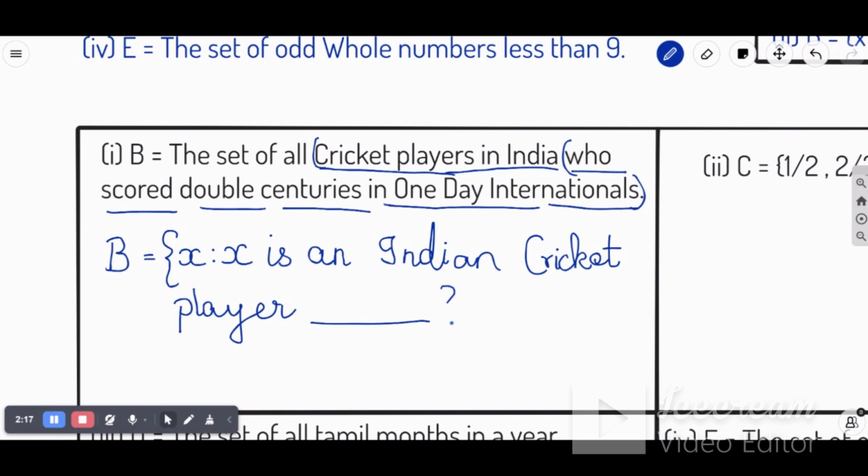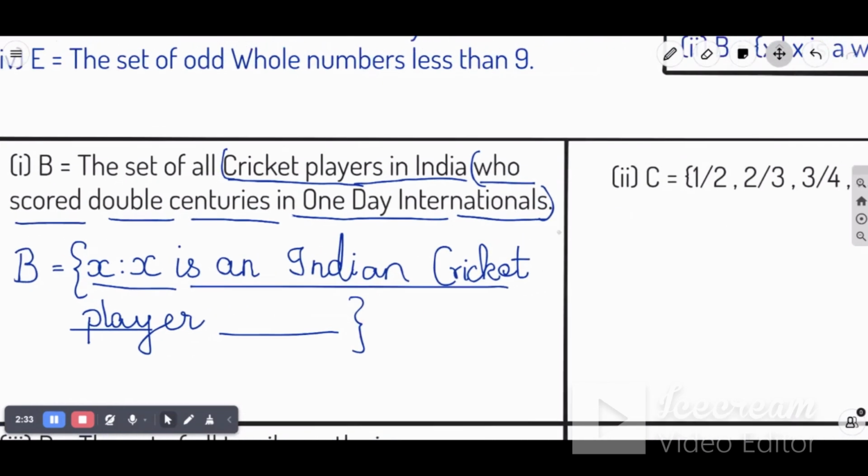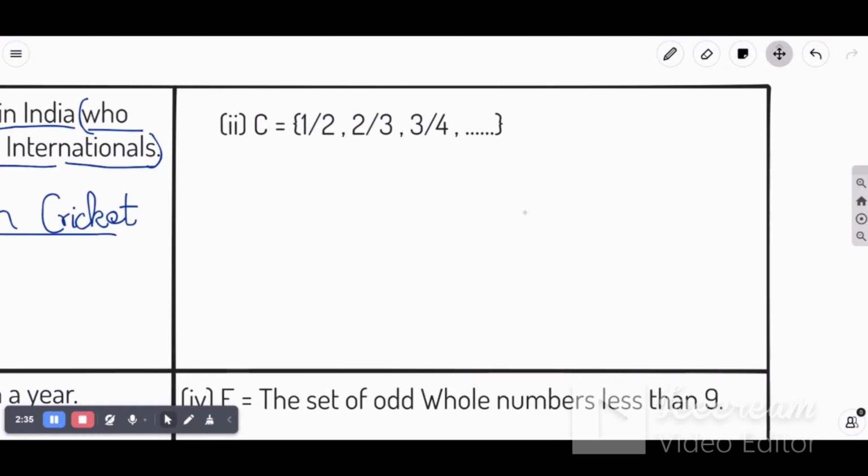Because of the time constraint, I'm not writing it here. I'll give the answer in the next slide. So first of all, you have to write x such that x is an Indian cricket player who scored double centuries in one day international. So let's move on to the next question.